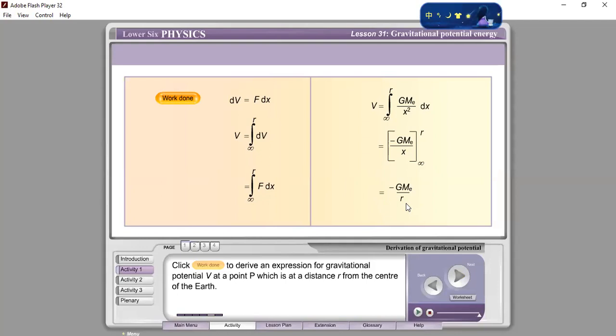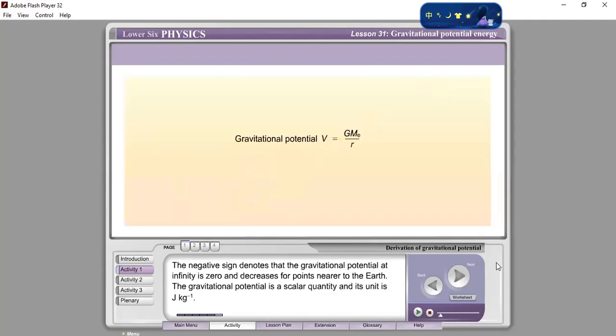Okay, gravitational potential is negative G mE over R. Do you still remember? In the previous lesson we learned that G mE over R squared is the gravitational field strength. Without R squared, this is the gravitational potential. The negative sign denotes that the gravitational potential at infinity is zero and decreases for points nearer to the Earth.